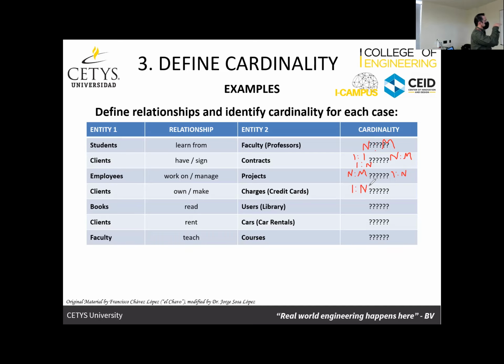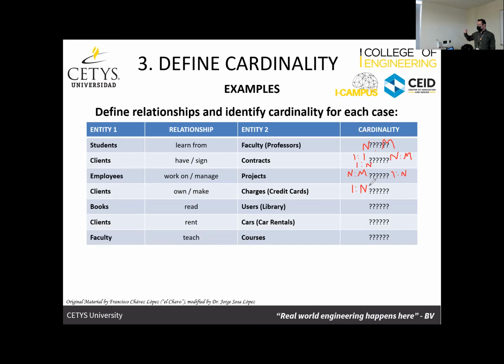Another way of looking at the clients and the charges is if we look at a specific charge on the credit card. Let's say that, Jesus, you have a credit card and you buy a Blu-ray or something in Mercado Libre, and that costs 800 pesos.